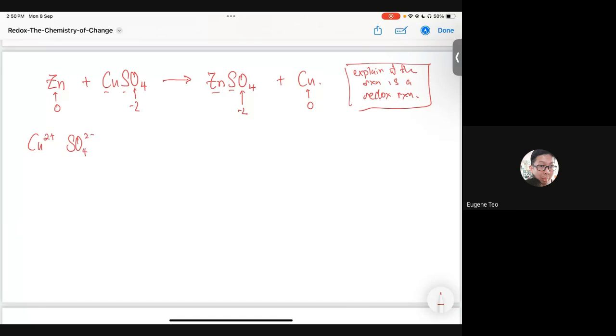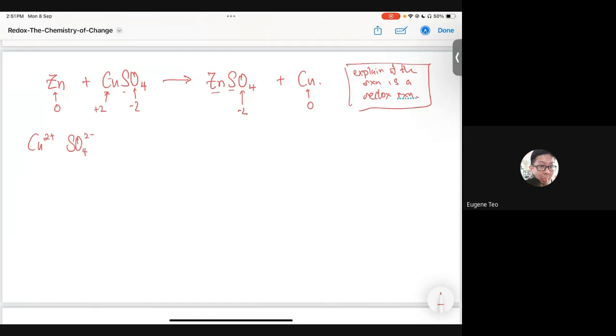The idea of oxidation state is that it is something like the charge of the element, right? So if this CuSO4 is Cu2 plus, then this copper here will be a +2.